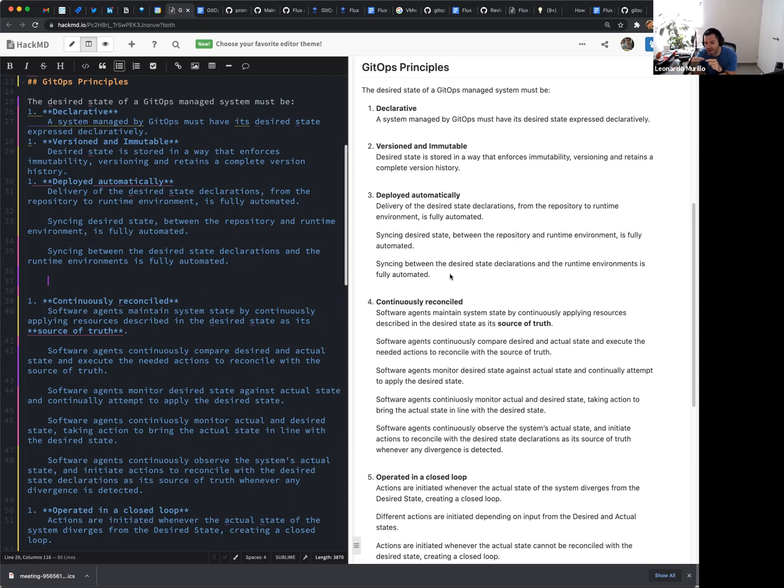Because the principle actually requires the declarations of desired state to be directly accessed by the runtime environment from its repository and nowhere else. Is that the missing component?